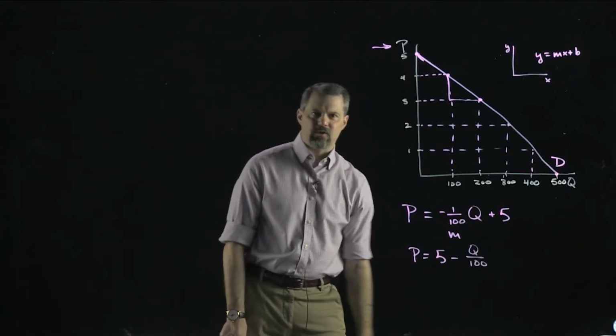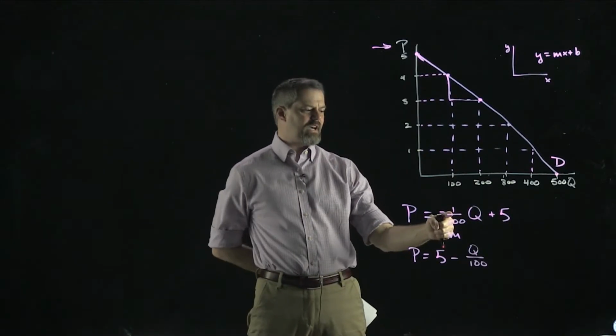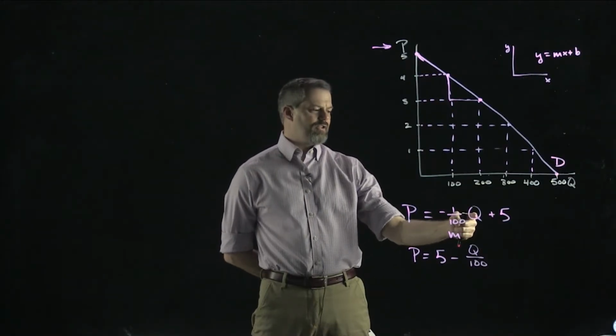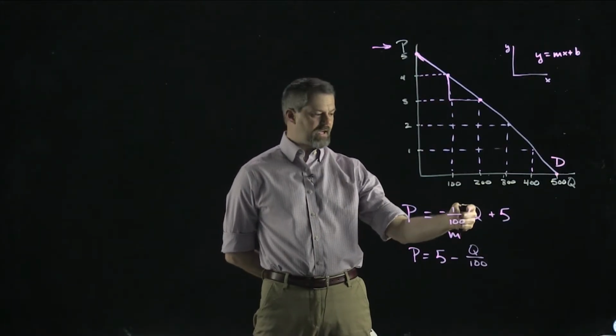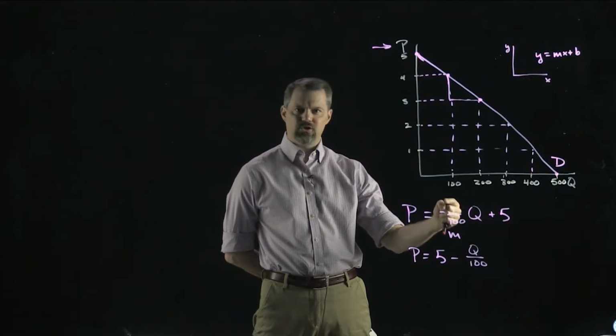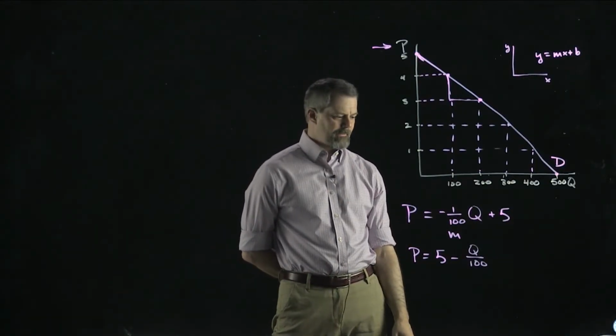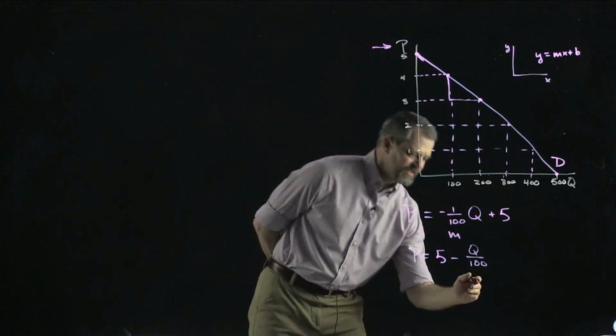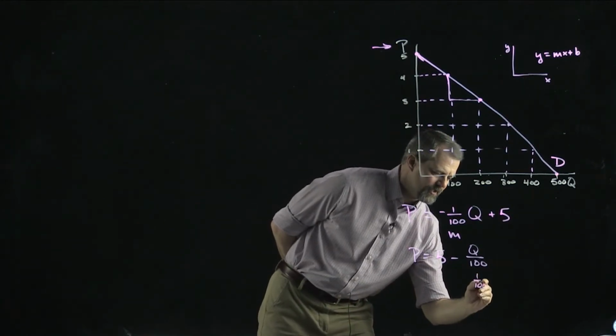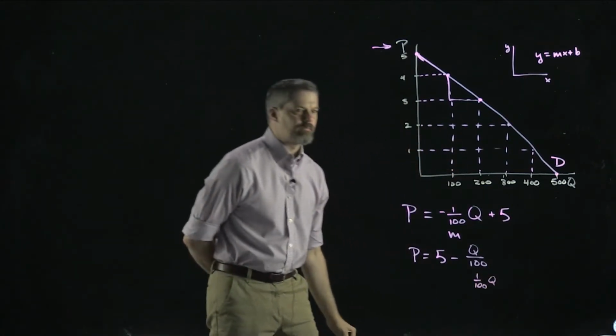All I've done is reverse the order. Anytime you've got 1 over 100 multiplied by something like q, you can just move the q up into the numerator. So this term is equal to 1 over 100 times q.